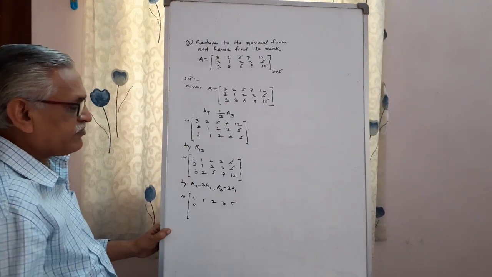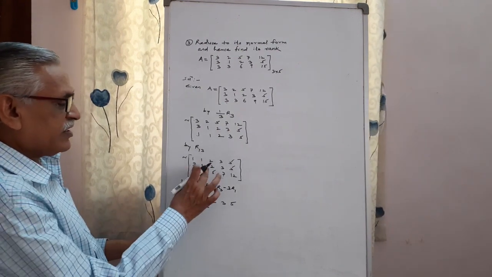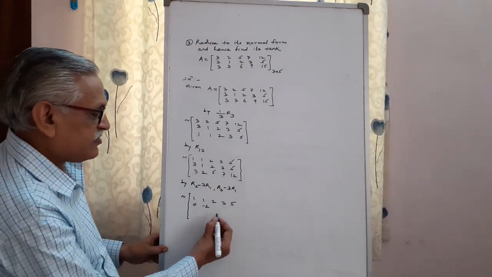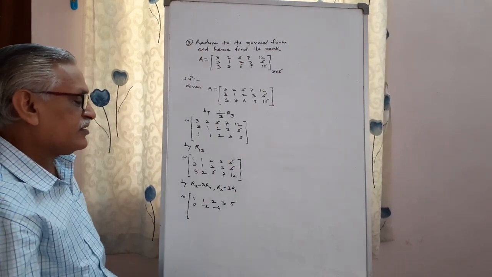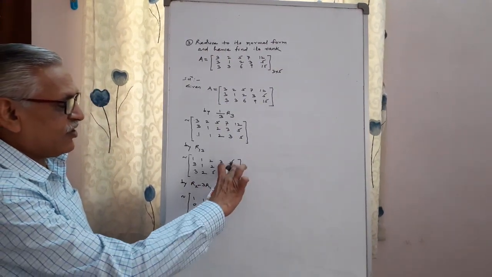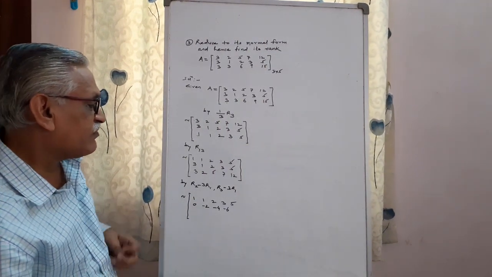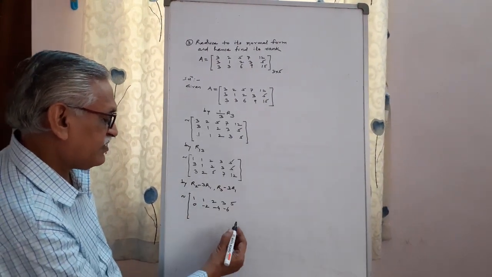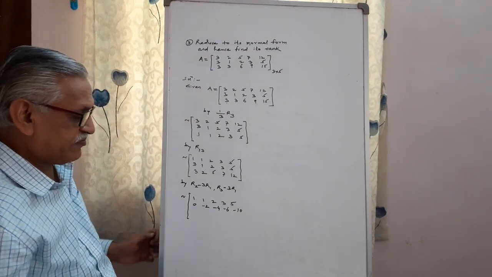Minus 3 we get 0 here, 1 minus 3, then 2 minus 3 times 2 means 2 minus 6, that is minus 4, 3 minus 3 times 3, 3 minus 9, minus 6, 5 minus 3 times 5, 5 minus 15, that is minus 10.